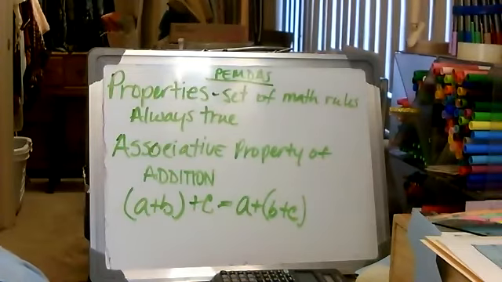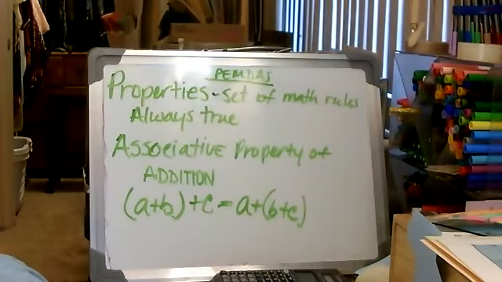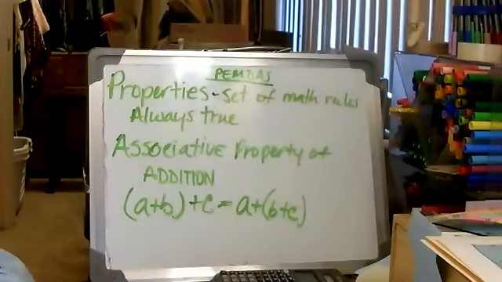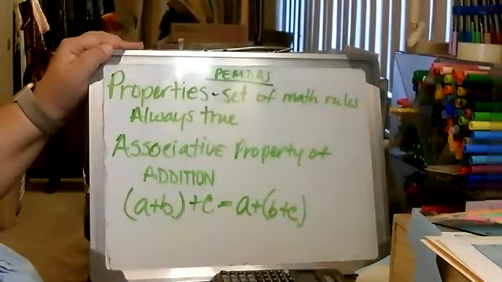So this one, the associative property of addition, says that when you are adding three different numbers, you can change the order that you add them by moving the parentheses, and the answer will still be the same. And that's true. So this is the associative property of addition.